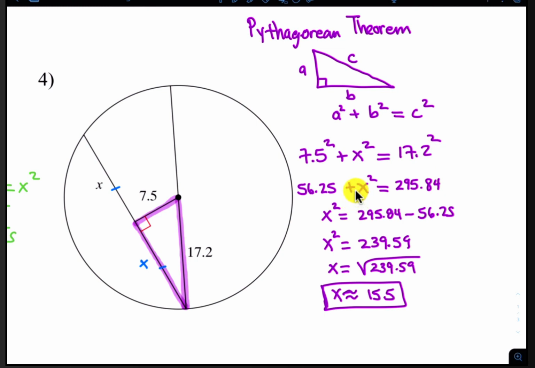So then x squared is equal to 295.84 minus the 56.25, and that's going to give you 239.59. That's equal to x squared. So x would be the square root of 239.59, and that is approximately 15.5 rounded to the nearest tenth. So that's your answer for x.